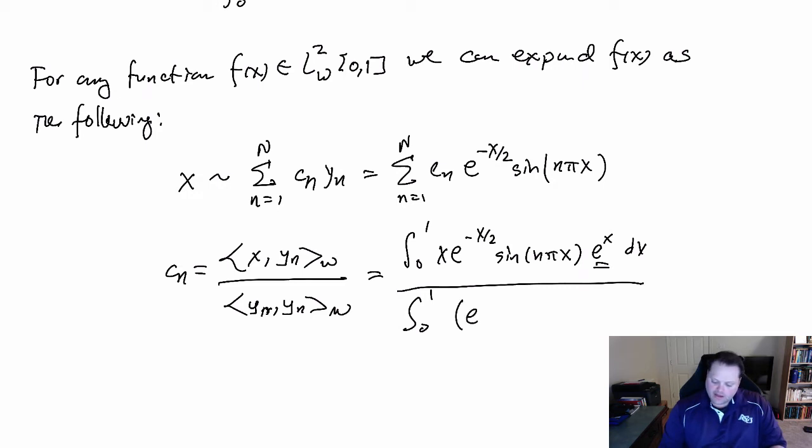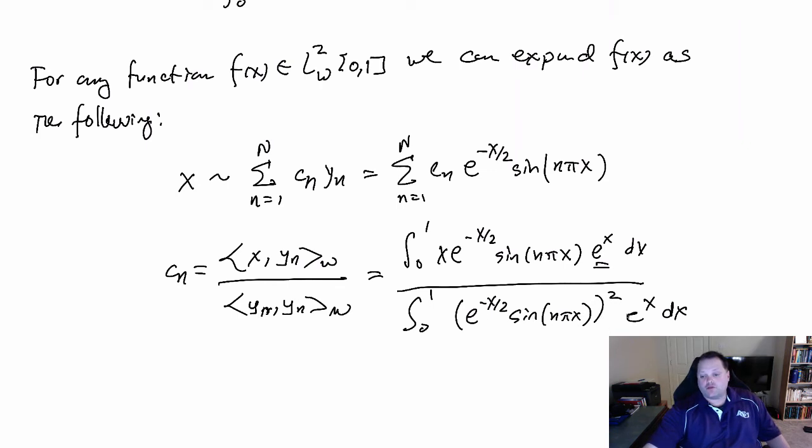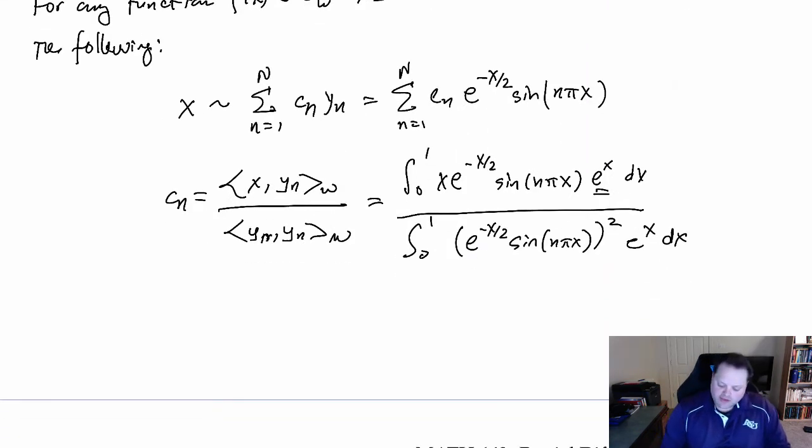It's e to the minus x over 2 sine n pi x squared e to the x dx. Notice down here on the bottom, you don't square the weight function. It's just the yn that is squared here. And if you notice, this actually reduces rather nicely on the top part here.